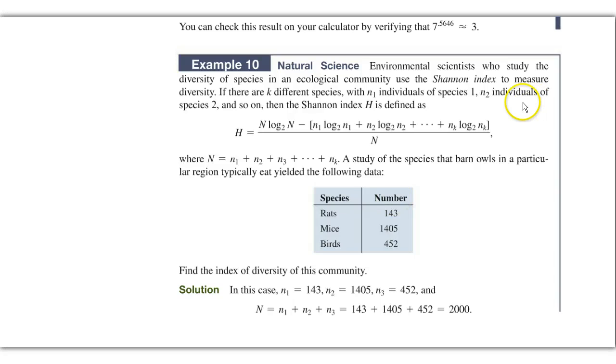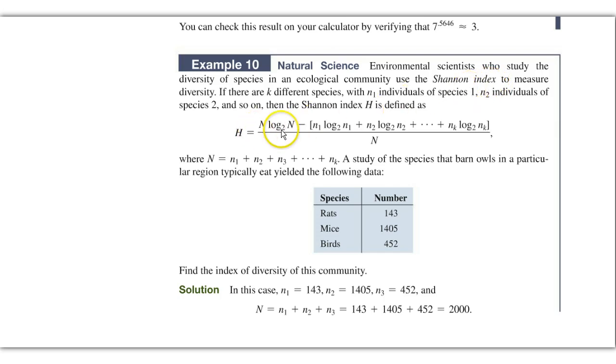Now, in example 10, they're talking about natural science, and I used to be a biology teacher, as I've mentioned, and I never used this formula, but here it is. It says we can find diversity within a community by using what is called the Shannon Index.